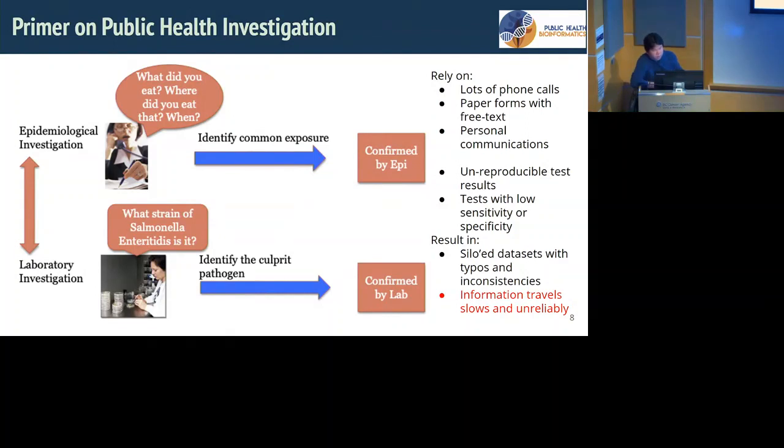Imagine you're culturing an organism; if you didn't manage to save a clone of it, then you can't really reproduce that work. And a lot of the phenotypic tests are not reliable or not sensitive. This results in siloed databases with a lot of typos and inconsistencies, and the information generated from this process travels rather slowly and unreliably.